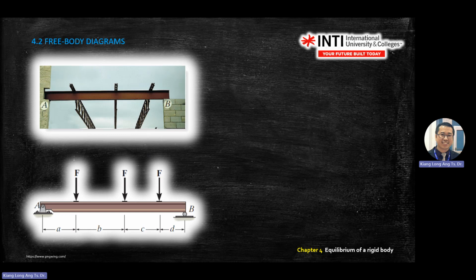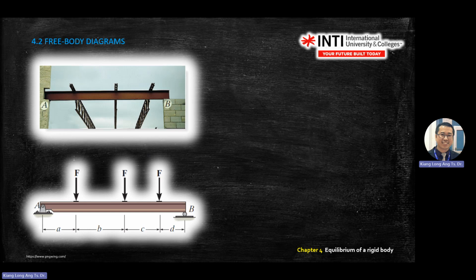Then here, this one in the table just now, I already showed you. This one equal to this one. Okay. So this one roller, for example. Although there's no roller there, this one is free to move, right?